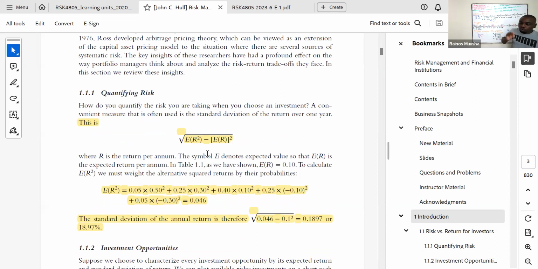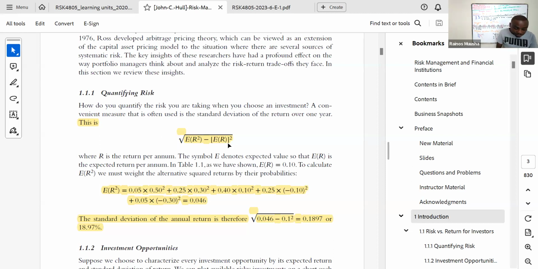Remember, there are a lot of new concepts that I'm going to be teaching you for market risk. So what I'm avoiding is teaching you new things. If there is a way that you are already familiar with of how to get to point B, I'd rather show you the method you're familiar with than teach you a new method, because there's quite a lot of information you need to grasp.